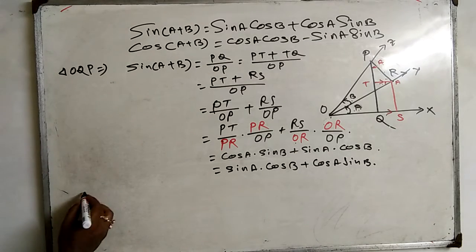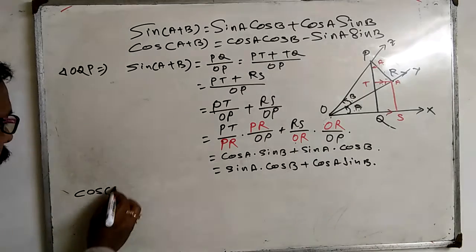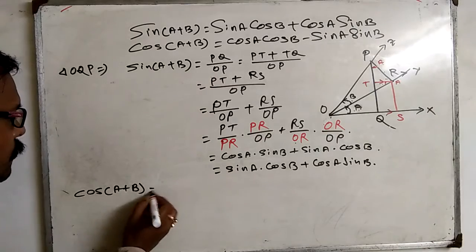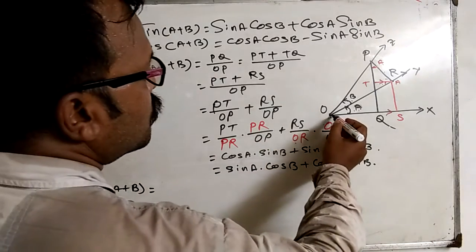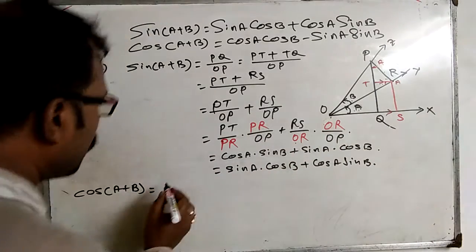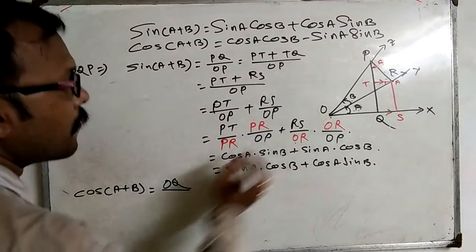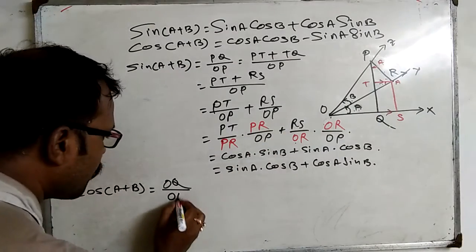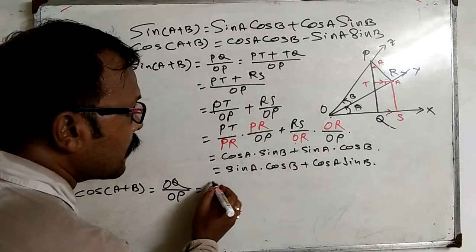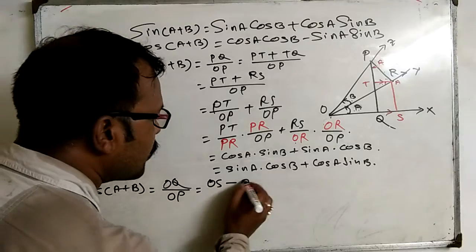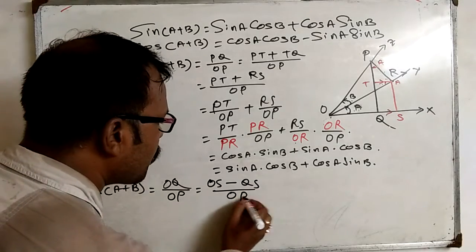Similarly, we can prove cos of A plus B equals to OQ by hypotenuse OP. OQ we can write OS minus QS by OP.